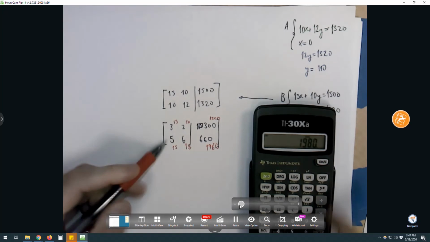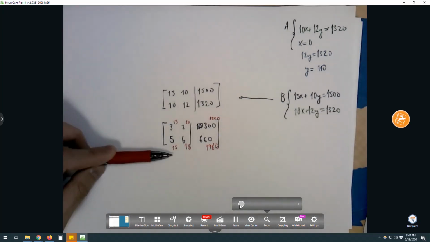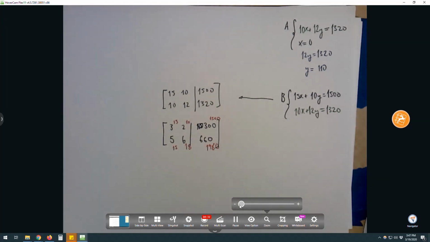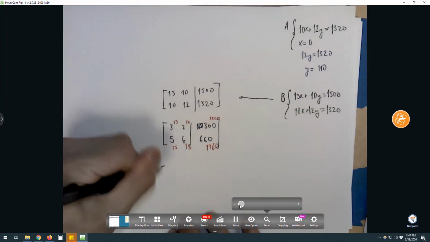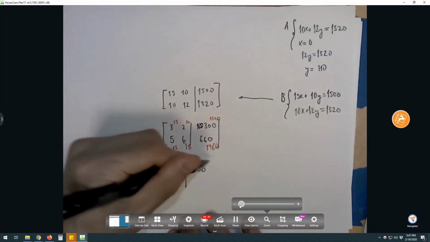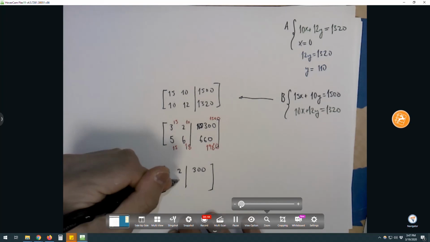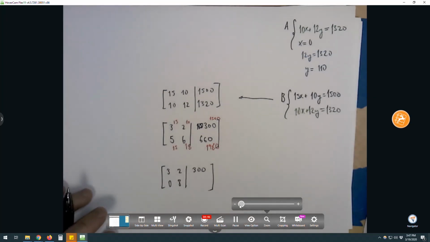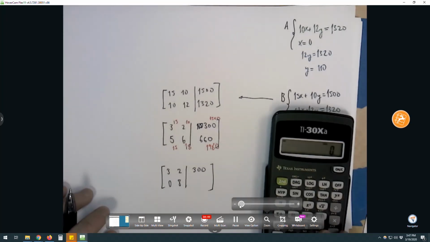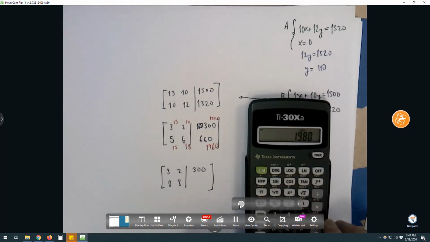So we have the option of subtracting here. Normally we could say this minus this, but if I do this minus this, then we won't have negatives, so we'll avoid negatives. So again, I'm going to keep the first row the same, but the second row transforms into 0. 18 minus 10 is 8, and then 1980 minus 1500. If you can't do that in your head, that's okay.